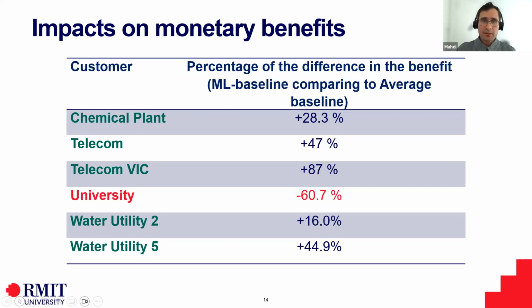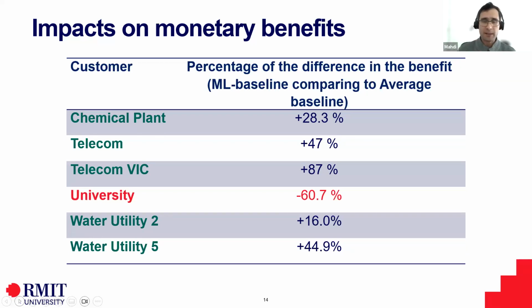So this is a comparison between the AI-based, machine learning-based baselines and the current baseline. When it is positive, it means that they are underpaid. When it is negative, it means that they are overpaid. So interestingly, for one customer, a university, we saw that we are not getting good performance for that customer.